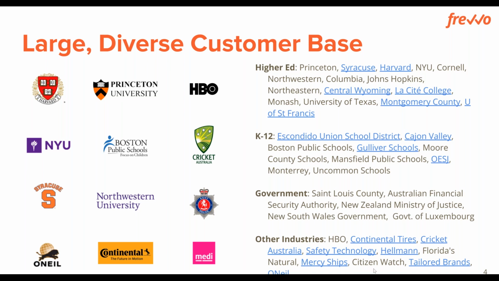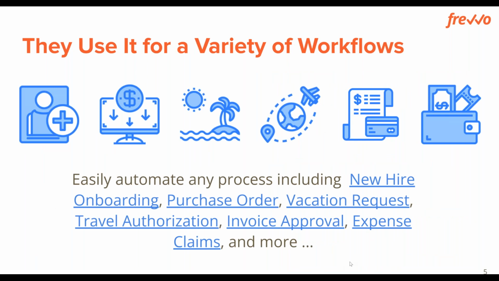So just about any kind of business has some process that they need to automate, and they can do so with frevvo. And what you'll find is that frevvo can really be used for any number of different types of processes. So we have many customers using it in the HR realm, for example, for new hire onboarding.